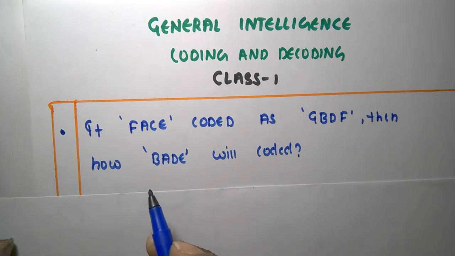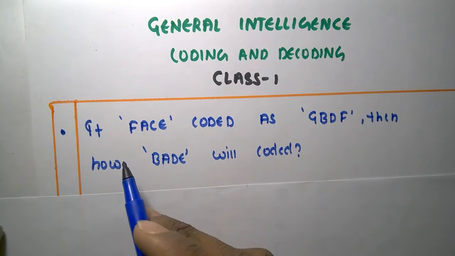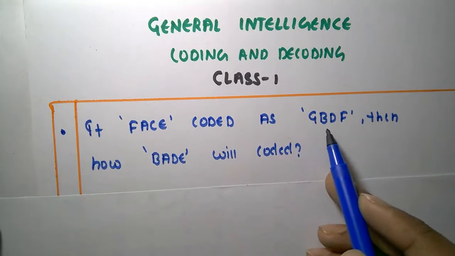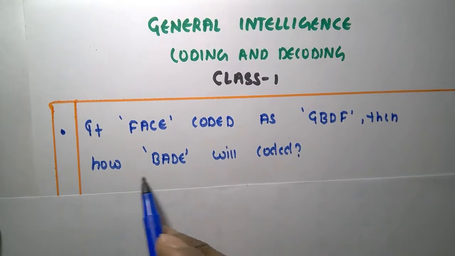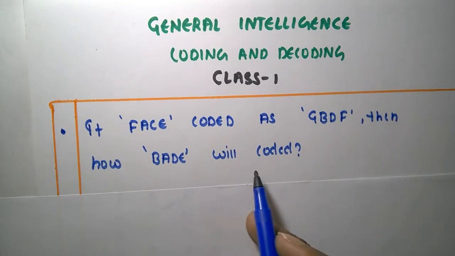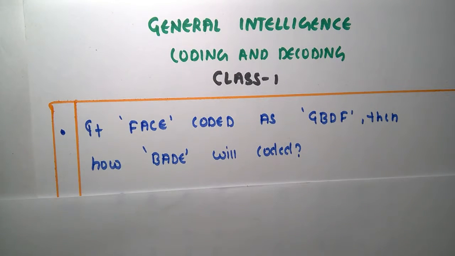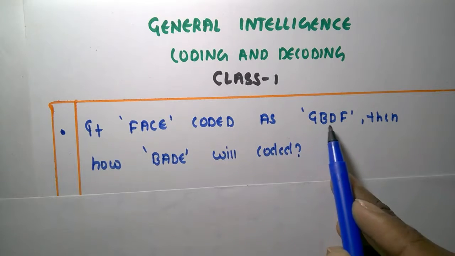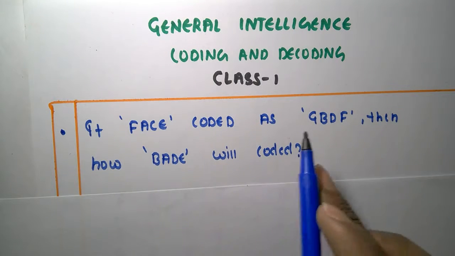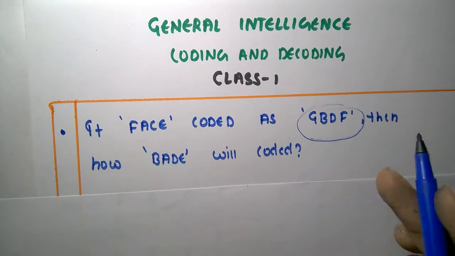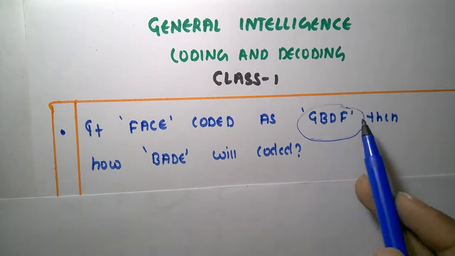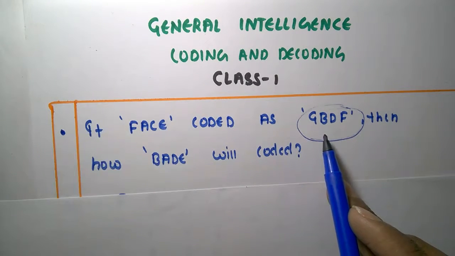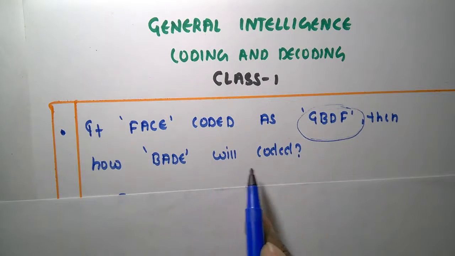So first, our question is, if FACE is coded as GBDF, then how will BAD be coded? So he asked in this question, if FACE is coded as GBDF, we don't know how this FACE is coded, and then how BAD will be coded.